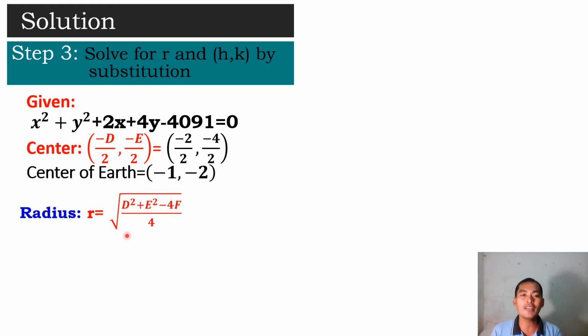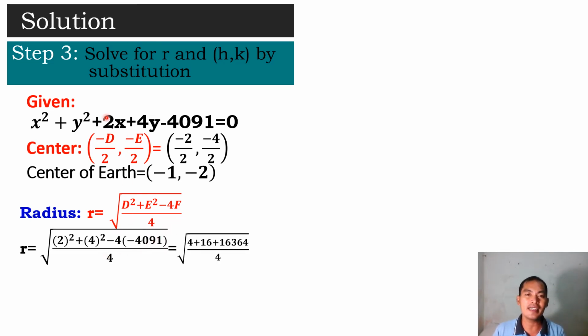Now, how to find for the radius? We have here the formula, square root of d squared plus e squared minus 4f all over 4. The d is 2, that's 2 squared. E is 4, that's 4 squared. Minus 4, and f is negative 4091. So negative times negative is positive. 4 times 4091 is 16,364. 4 squared is 16 and 2 squared is 4.